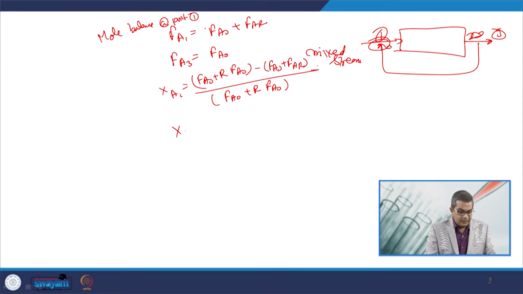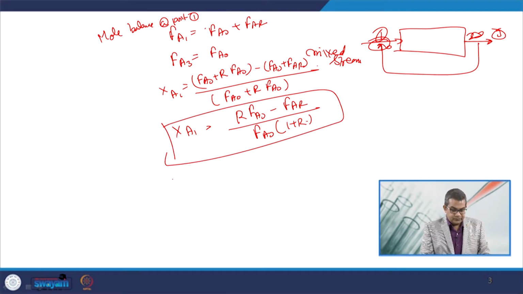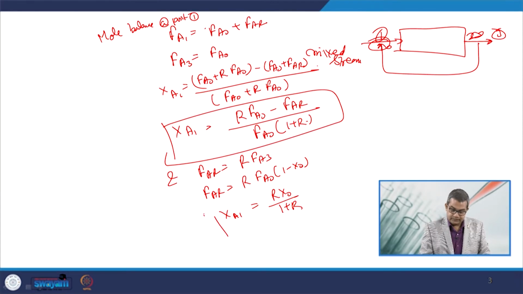Now, rearranging, XA1 is equal to (R FA naught minus FAR) upon FA naught (1 plus R). FAR is equal to R FA3, and FAR is equal to R FA naught (1 minus X naught), so XA1 is equal to R X naught upon (1 plus R).